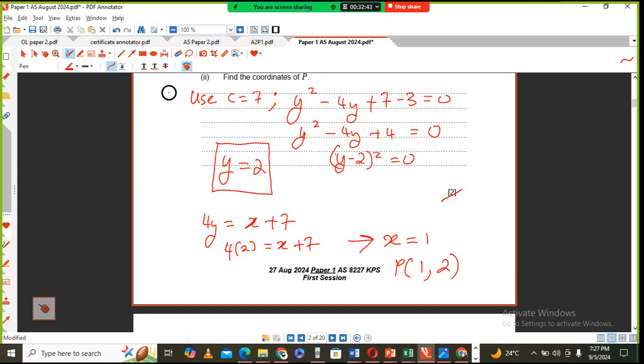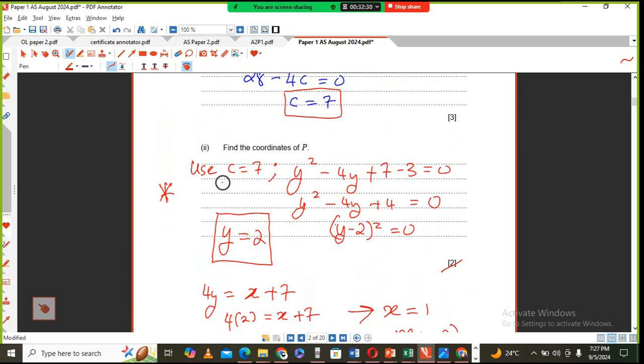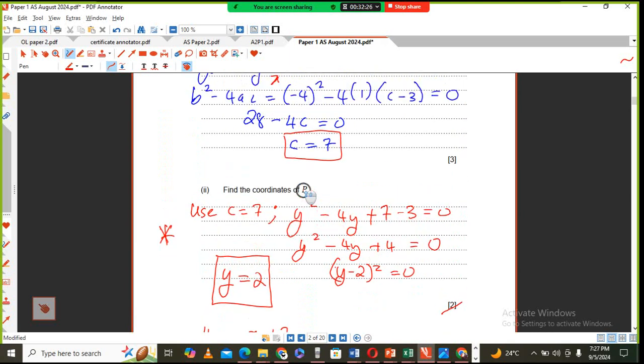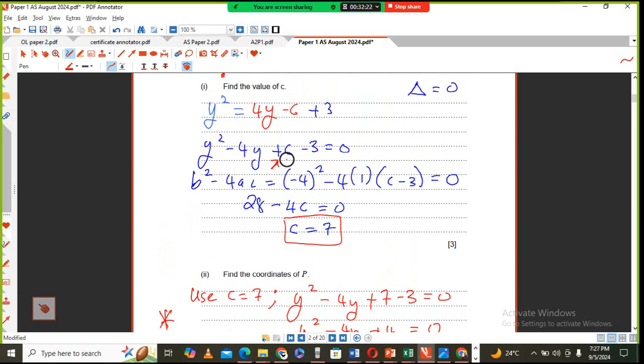But I'm leaving this for you to see if you could find that y value easily without using that. Because I wrote this here for a reason. You are supposed to use the c equals 7. But I said now you substitute into the y squared minus 4y plus c the way it was there.